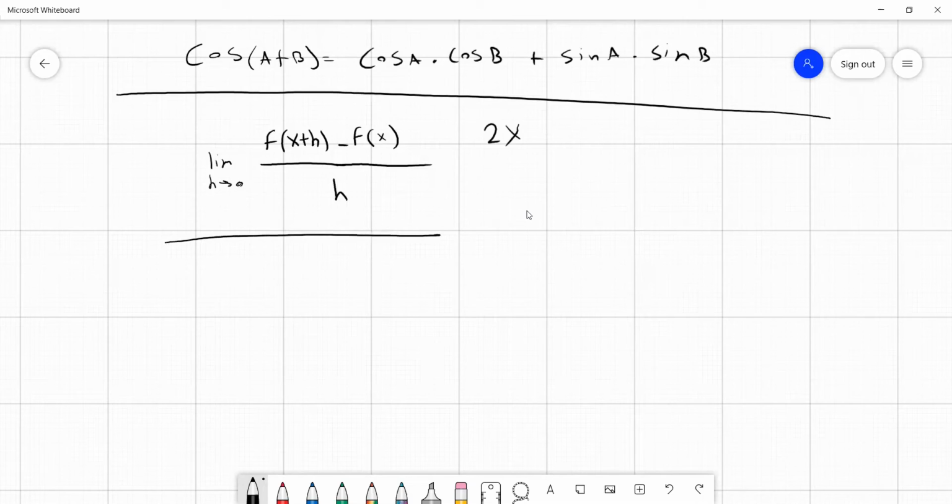The last thing I want to introduce to you is that if we take a limit as h approaches 0 of sine h divided by h, or rather h divided by h. Now, this is not saying that h is necessarily 0.